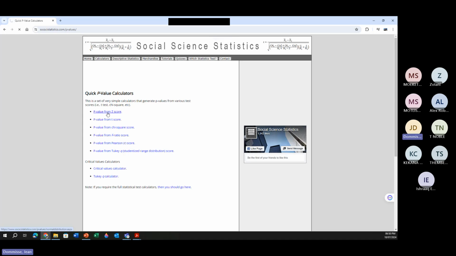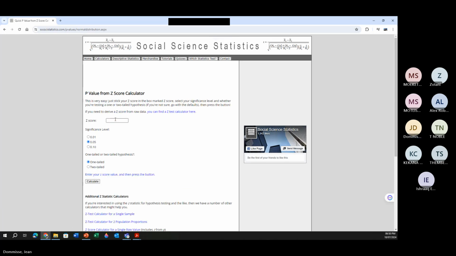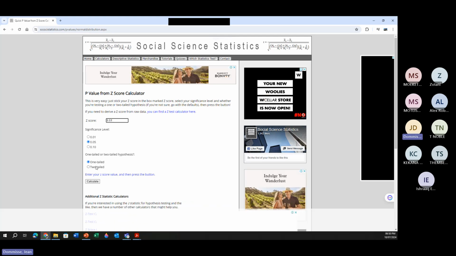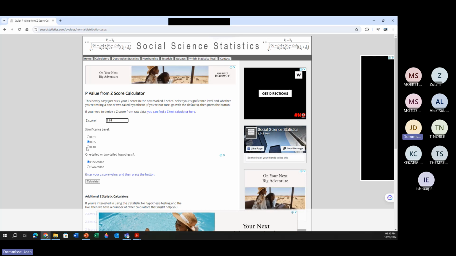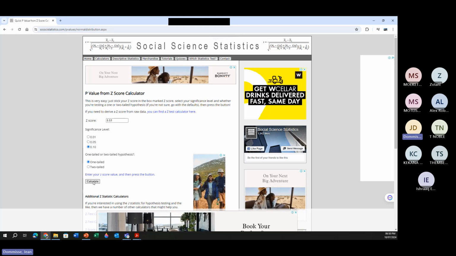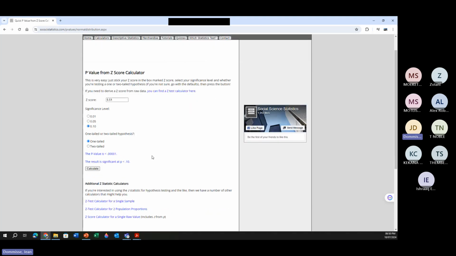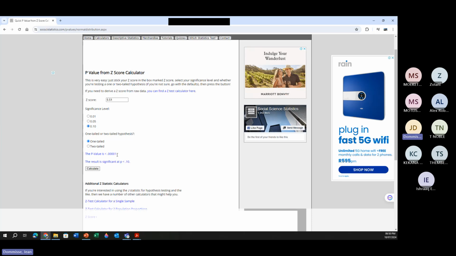P-value for Z-score 5.51. It was one tail we tested, I think, against that. Let's see. Okay, and where they say the p-value is smaller than 0.0001.